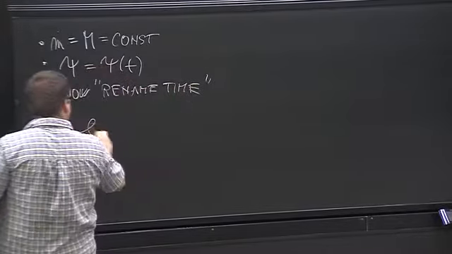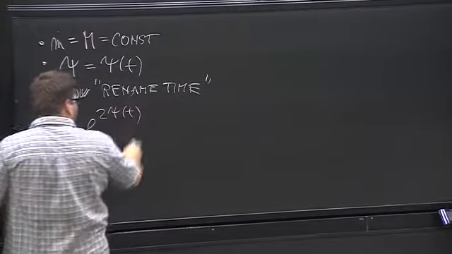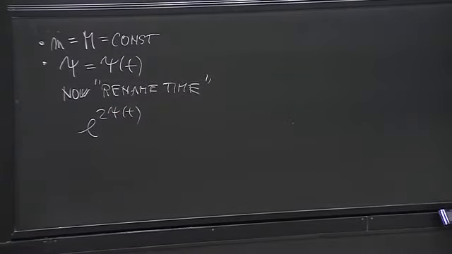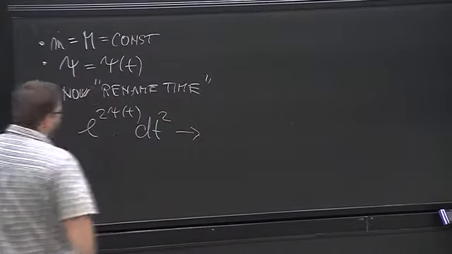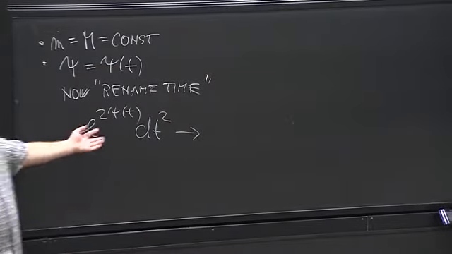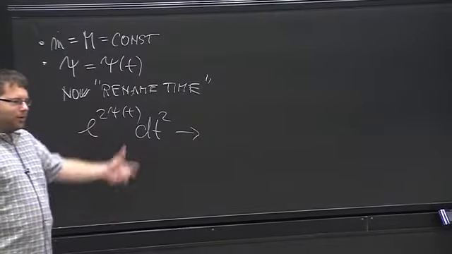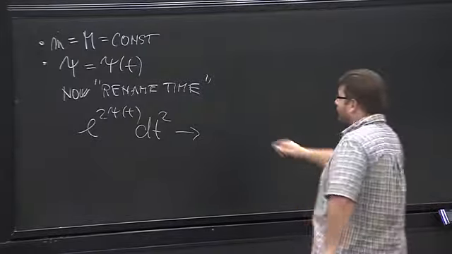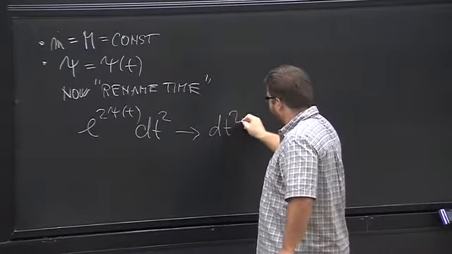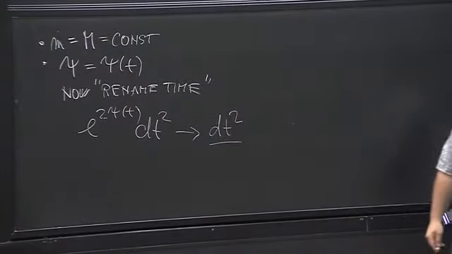So I have e to 2 psi(t) dt square. Okay. So this is some function of t. So I can always find such a coordinate transformation, t goes to t prime, so that this simply goes to dt square. Okay, you can always do this, right?